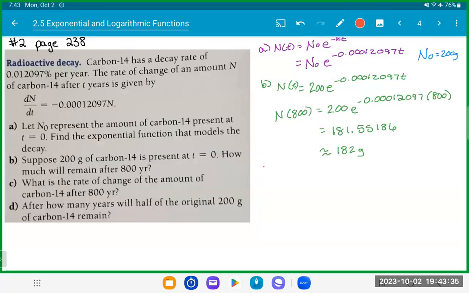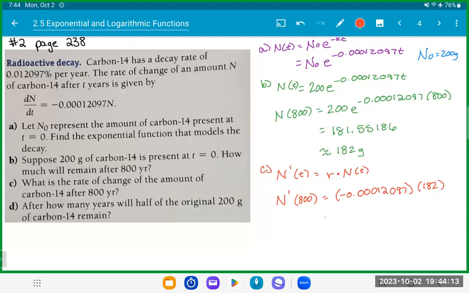Okay. So part C asks us, what is the rate of change? So we have to take the derivative. N prime of T is equal to, remember, my rate times N of T, right? And we want to evaluate that at 800. My rate, we know, is negative 0.00012097. My N of T was that 182 grams.